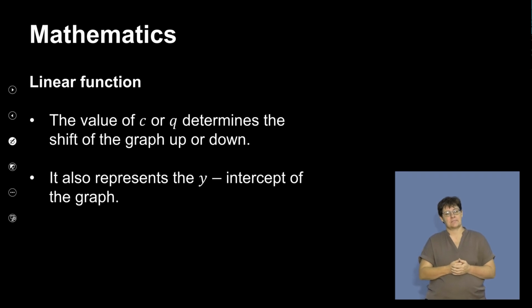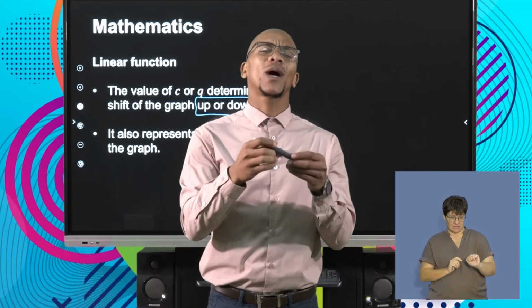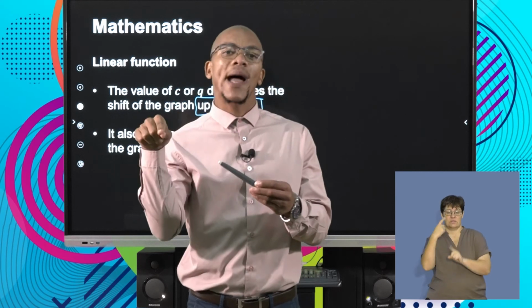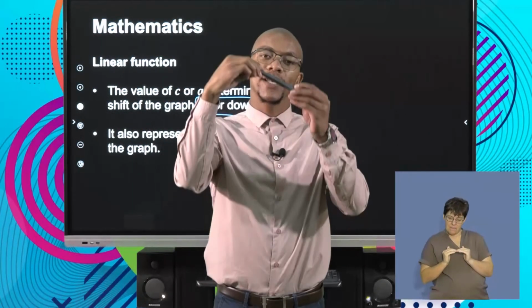Then the value of c or q determines the shift of the graph up or down, right? So we do need to also know what the up and the down is all about. If I have y equals x as the mother graph, when I say y equals x plus 1, the plus 1, because it's positive, means I must move it 1 unit up.